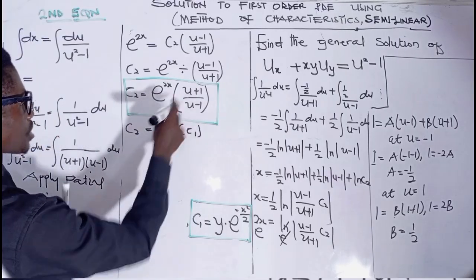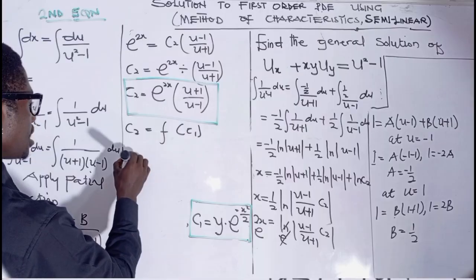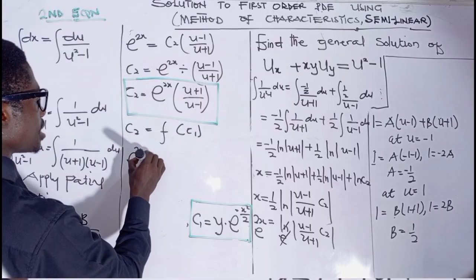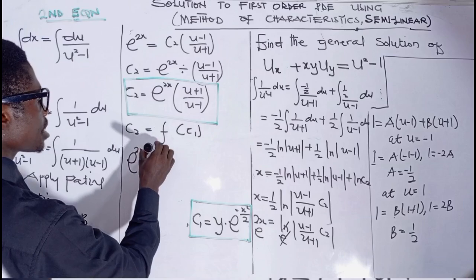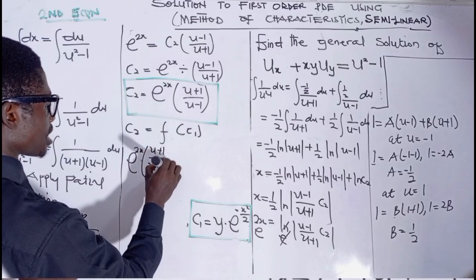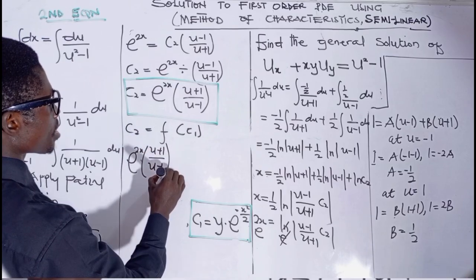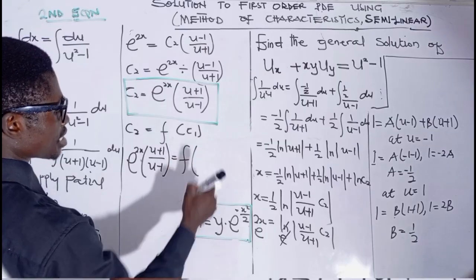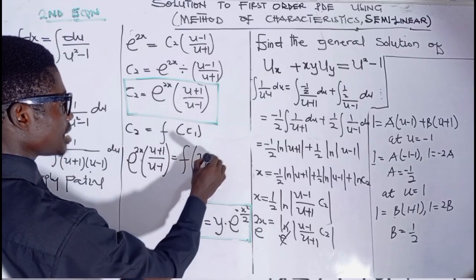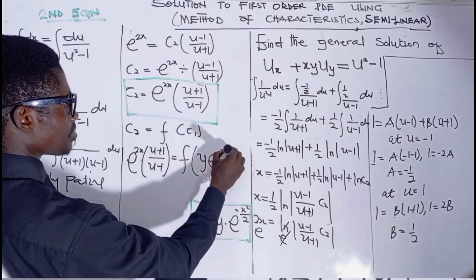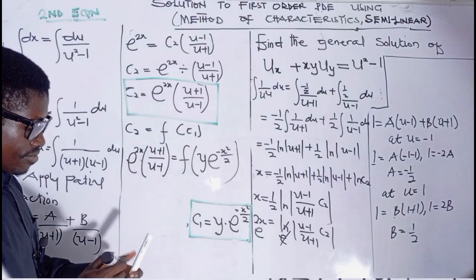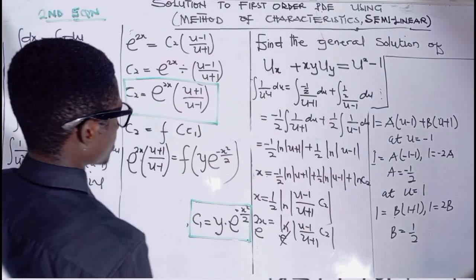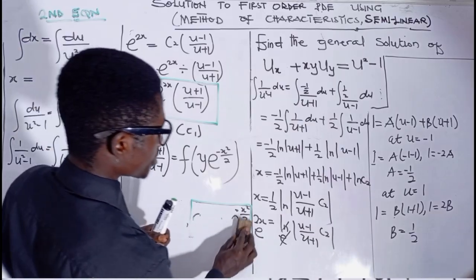So C2, we had this, so let's write it: e exponent 2x times u plus 1 all over u minus 1 is equal to a function of C1, we had e exponent negative x squared all over 2. Very, very easy and simple. Now we can clean our C1.